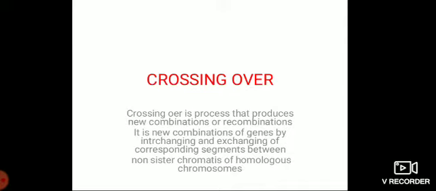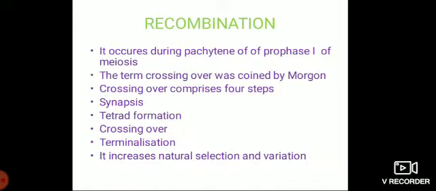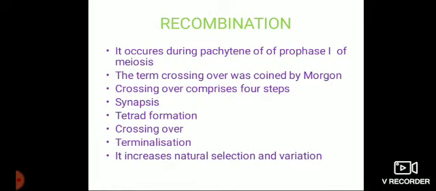Prophase 1 is longer, in which you will find the stages: leptotene, zygotene, pachytene, diplotene, diakinesis. The pachytene of prophase 1 shows the crossing over, in which the homologous chromosomes come near to each other and parts of the chromosomes are shared, that is, the sharing of genes takes place. So new combinations come to the newly formed gametes such as eggs and sperms. So recombination occurs during the pachytene of prophase 1 of meiosis.